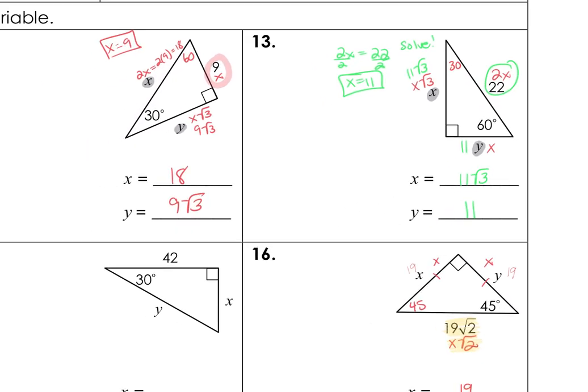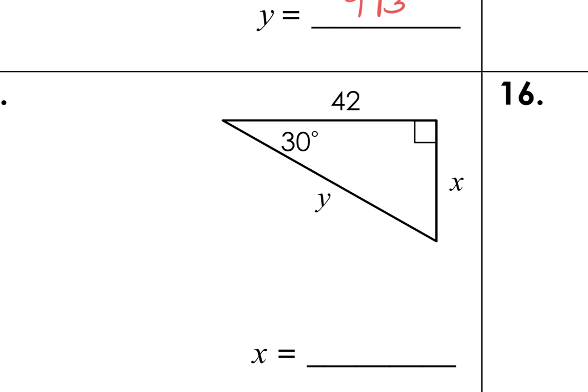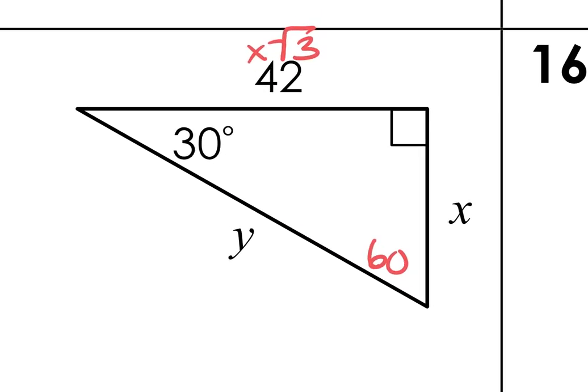Let's take a look at our last 30, 60, 90, number 15. This is going to be my hardest case scenario because in this one, they're giving me the side opposite my 60-degree angle. That's the one that's in my x square root of 3. Opposite the 30 is x, and my hypotenuse is 2x.